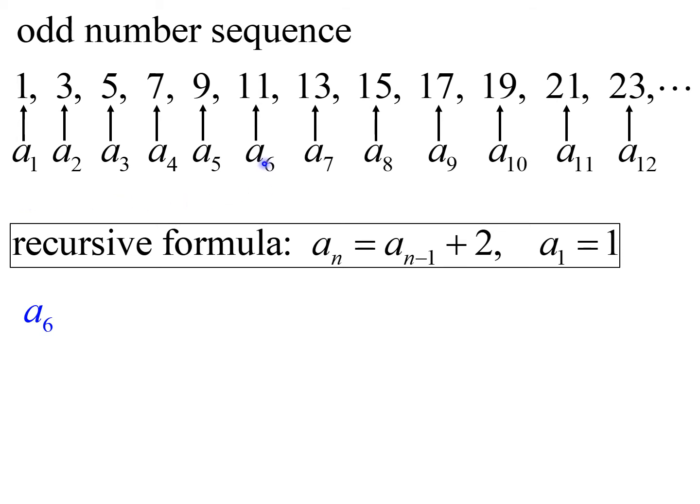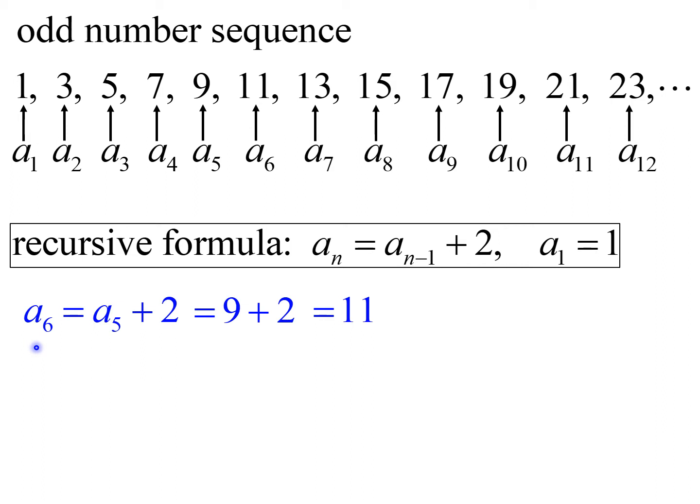We already know A6 is 11, but if you wanted to use the formula, we get A5 plus 2, and you can see we just plugged a 6 in for n in this formula, so A6 equals A5 plus 2. Well, we know what A5 is. A5 is 9. 9 plus 2 is 11, and so that tells us what A6 is.